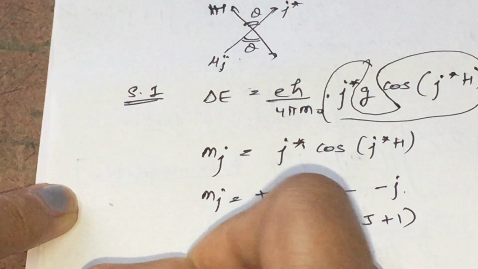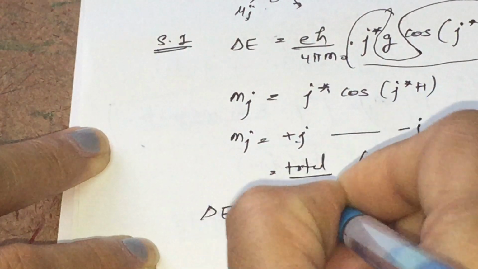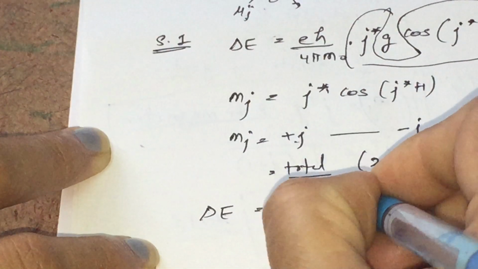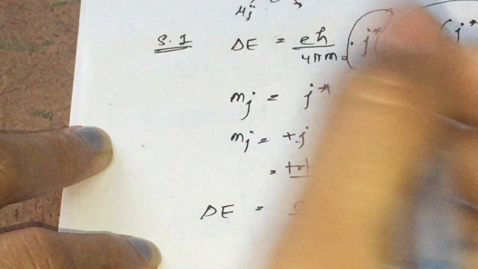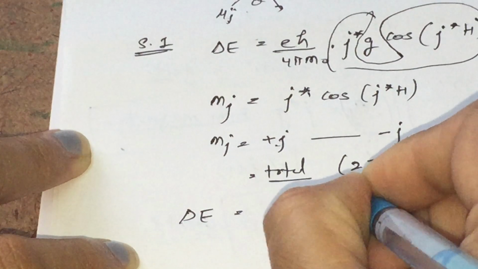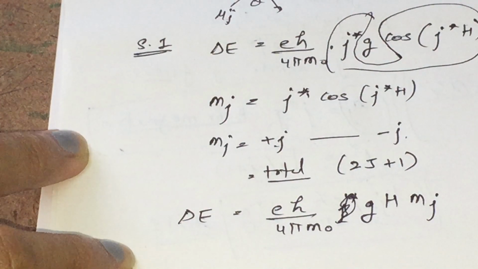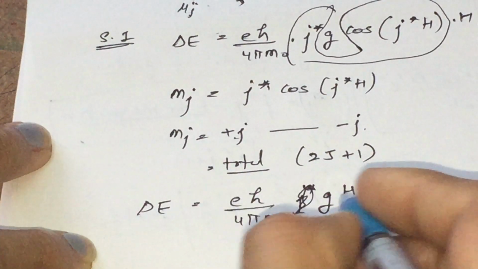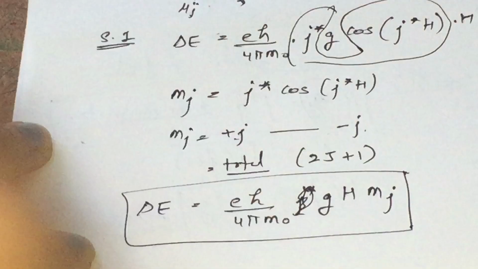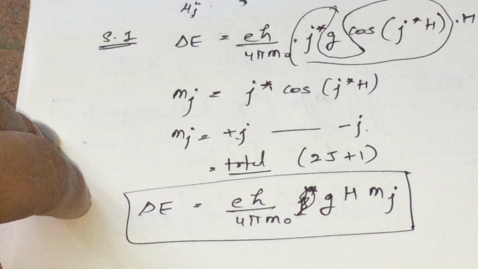It means the change in energy is given as eh upon 4 pi m naught j star g h, and instead of j star we are putting these two terms, j star cos of the angle between j star and h, as mj. This is our expression for change in energy in the case of anomalous Zeeman effect.